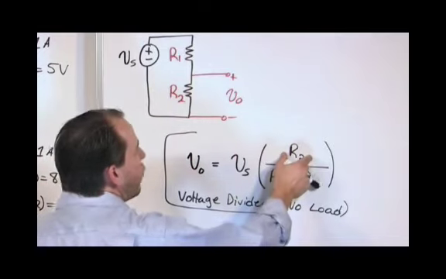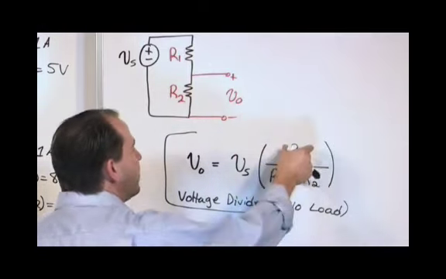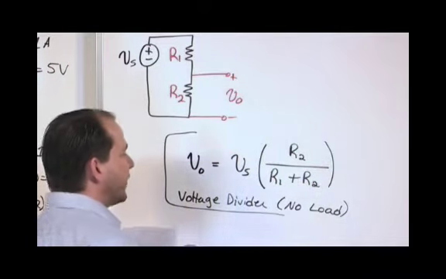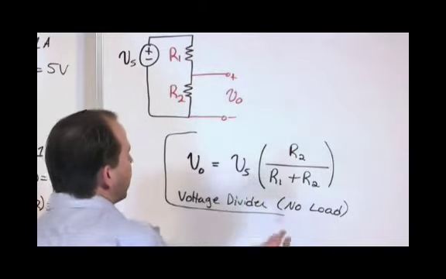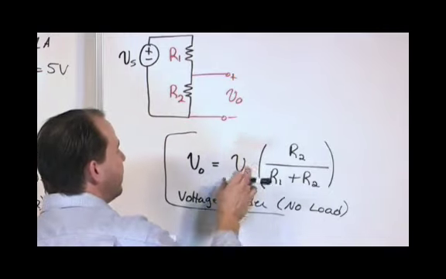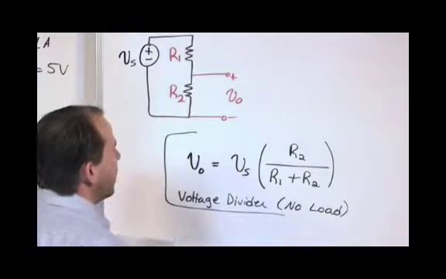Because if this is 1 million, and this is 1 ohm, then it's going to be 1 million divided by 1 million and 1. So you're going to get 0.999 something, right? And then you multiply by the 10 volts you started with, or whatever it is, a number close to 1 times your source voltage. It means that almost all of your voltage drop is going to be across this resistor.